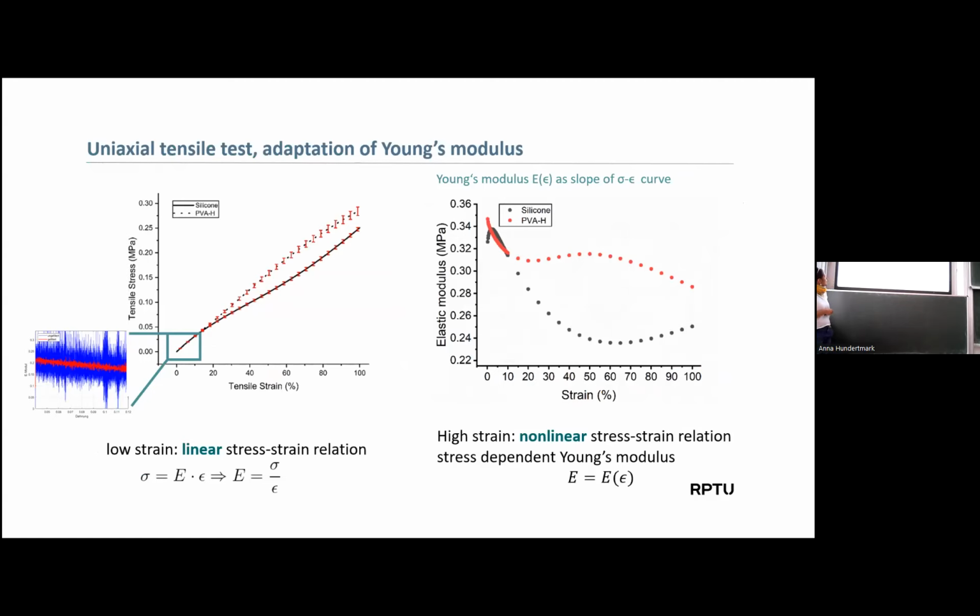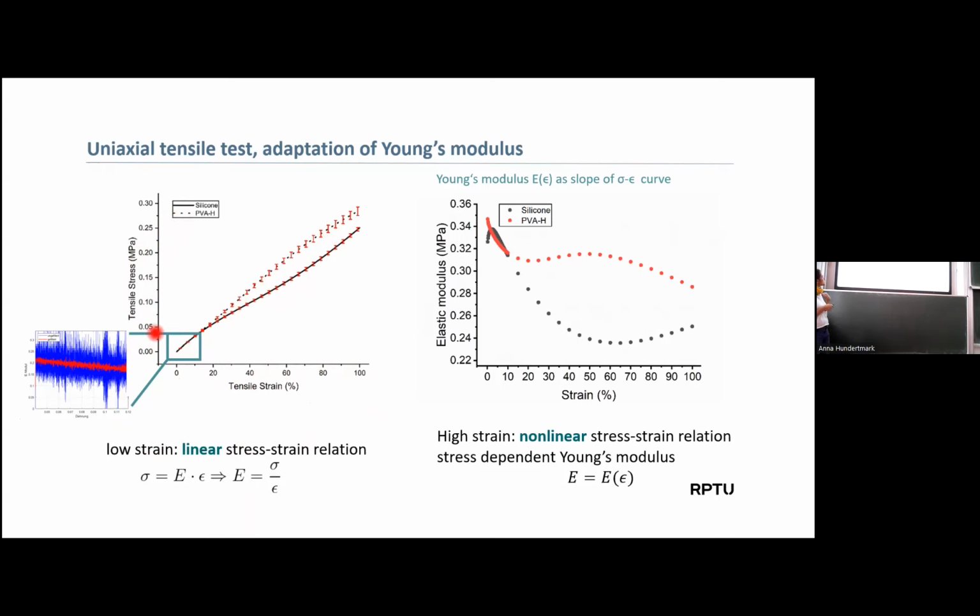In the one-dimensional case, they made a so-called uniaxial tensile test, meaning that they stretch some material with some stress, okay, and then they obtain some deformation, some strain, just in one direction. Now these are the measured data, and you see here the relation between strain and stress.